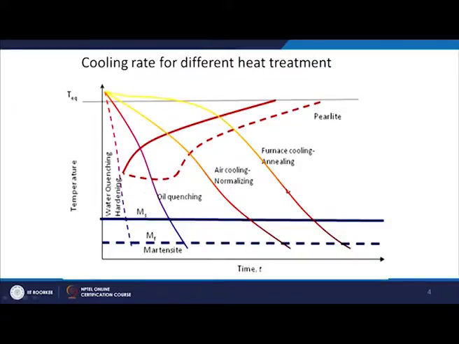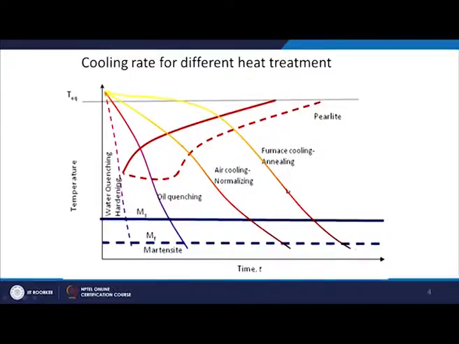So, it will not be a complete transformation into one phase, some portion will be martensitically transformed, some portion will be transformed into pearlite. For air cooling and furnace cooling, you can see that the curve has crossed the start temperature and end temperature. So, in this case the transformation is complete, whereas in the oil quenching case it is not.